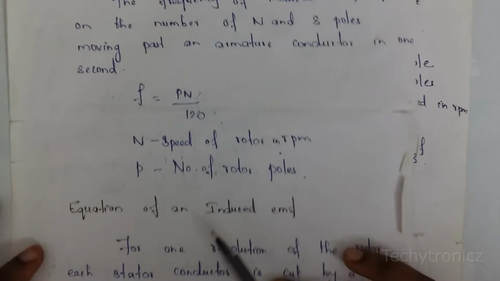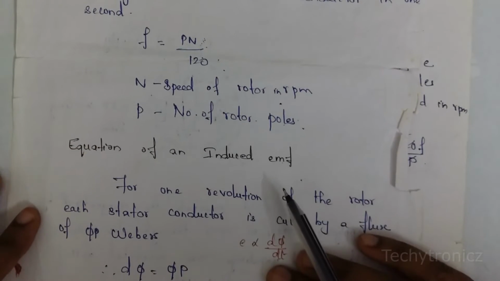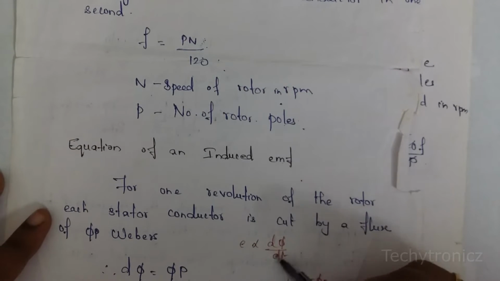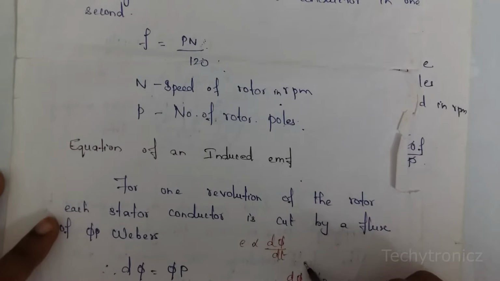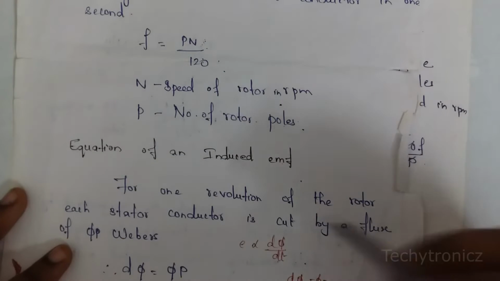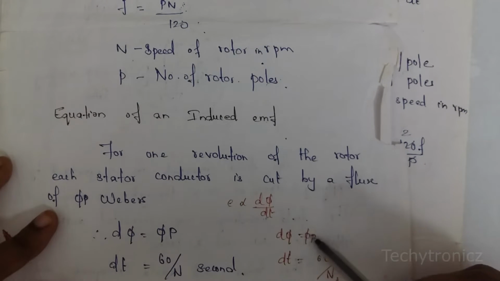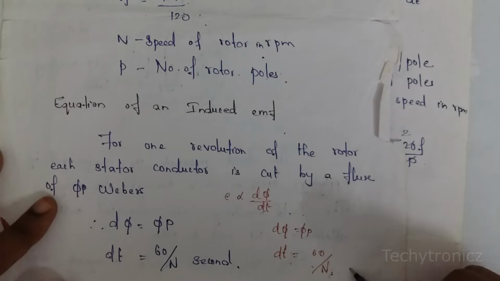Now we will see the equation of an induced EMF. We all know the induced EMF is directly proportional to dφ/dt. For one revolution of the rotor, each stator conductor is cut by a flux of φP Webers. Therefore dφ = φP and dt = 60/N seconds.